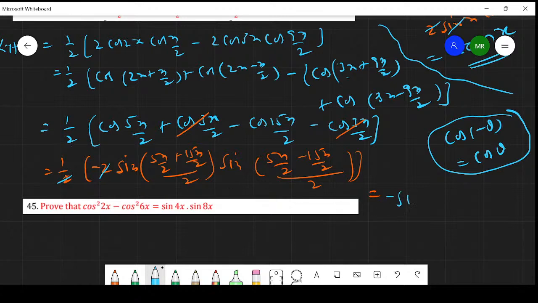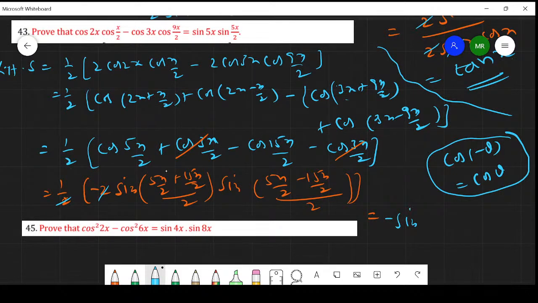You will get minus sine. Simplifying: 5x plus 15x is 20x by 2, which is 10x, 10x by 2 is 5x. Next, 5x minus 15x is minus 10x by 2, which is minus 5x/2, so sine of minus 5x/2 comes.